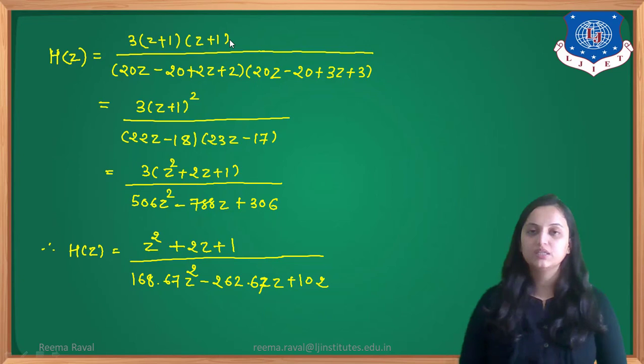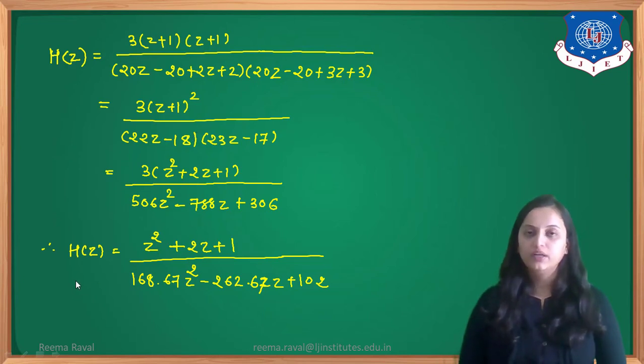This will become (z plus 1) whole square into 3 divided by (22z minus 18) and (23z minus 17), by simplifying these two terms. Now, if we simplify this, it will become 3 into (z square plus 2z plus 1) divided by (506z square minus 788z plus 306), by multiplying and opening the brackets.